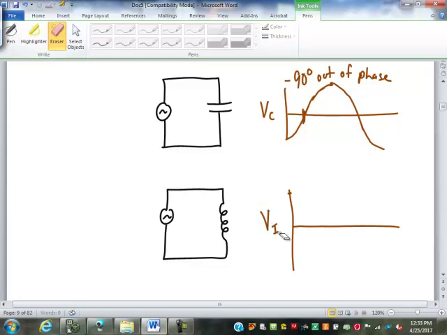I should use L for inductor. It'll be at a peak voltage when the voltage is at 0, and as the voltage increases, the inductor actually loses voltage. So it's going to look like this. So an inductor is actually 90 degrees, positive 90 degrees out of phase. I got that backwards. This should be positive, and this one should be considered negative. A lag is a positive voltage.